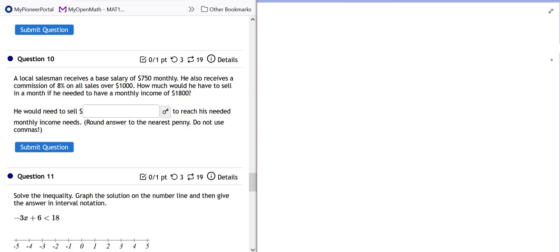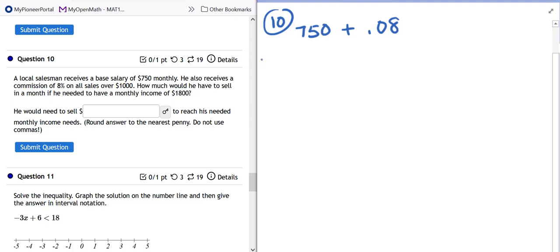All right, so he's going to get $750 every month, plus he's going to get a commission, 8%. Remember from last time, percent has to switch to a decimal to do the math. So drop your percent and go 2 places to the left, 0.08, all right? And what we're going to put here is an expression for his sales over 1,000.